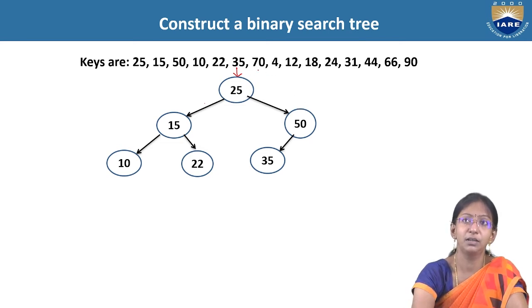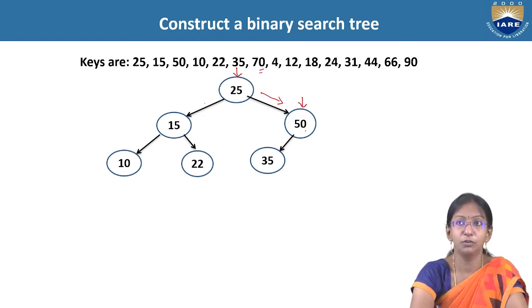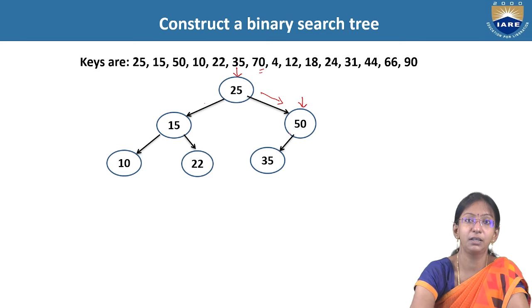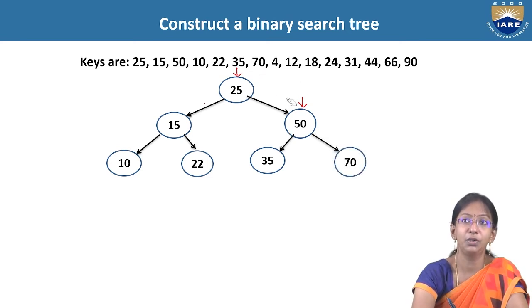Next element that is in our hands is 70. Compare it with the root. So as it is greater than the root, travel towards the right. Compare it with 50. 70 is greater than 50 also. You have to travel towards the right. But do you have any element in the right? As we do not have any element in the right, introduce it as the new right element of 50.